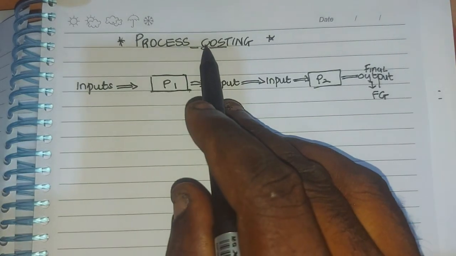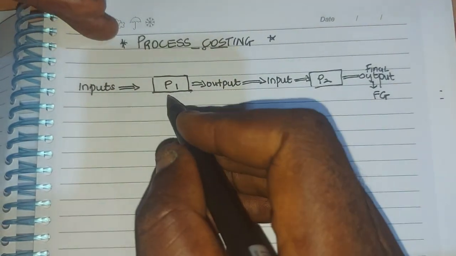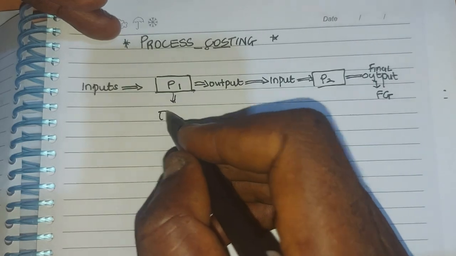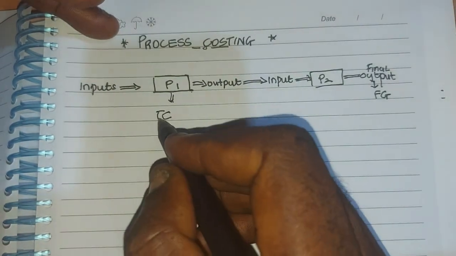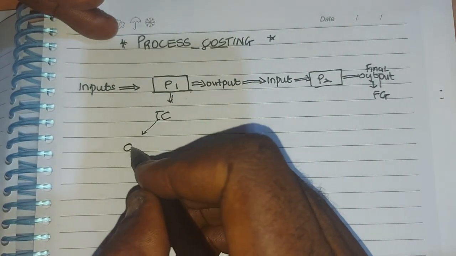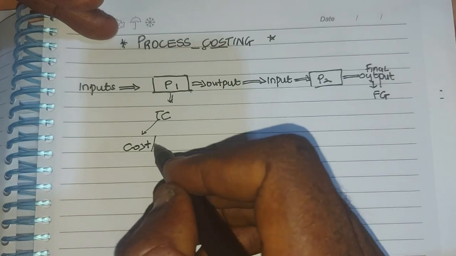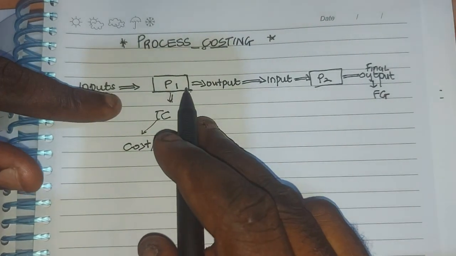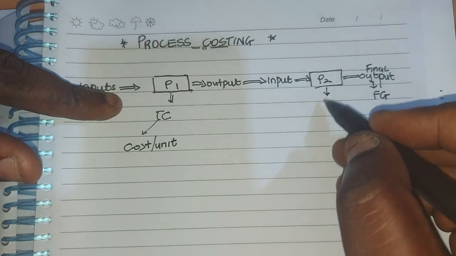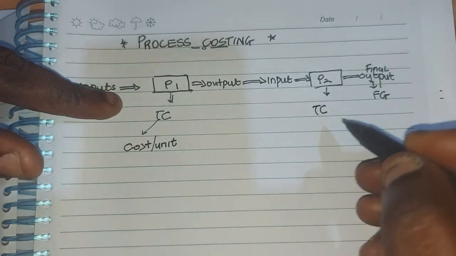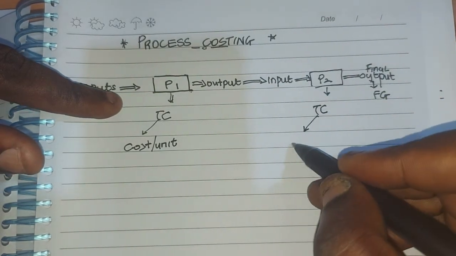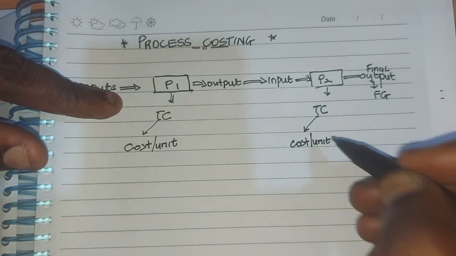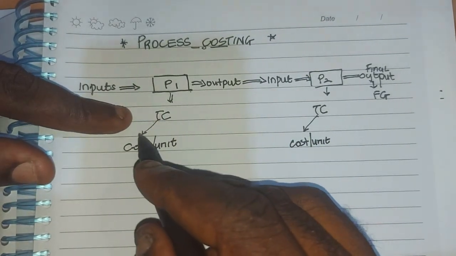So the costing method now is that we need to calculate the total cost in order to ascertain the cost per unit of each process. Okay, then we come to process 2, determine the total cost so that we can calculate the cost per unit.